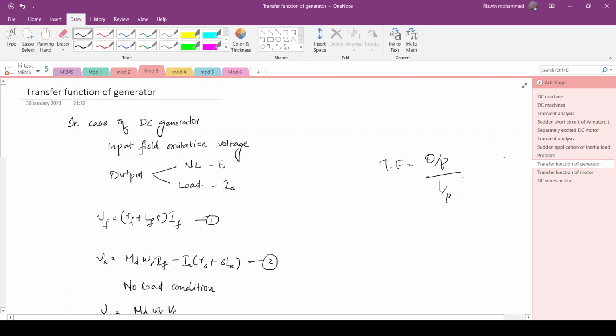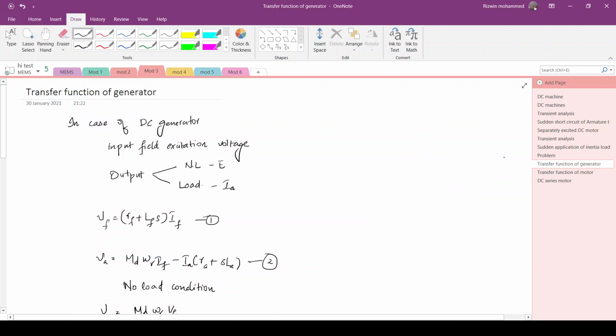So the input in a separately excited DC generator will naturally be the field excitation voltage Vf, and what will be the output? If it is in no load condition, the terminal voltage will be the output, or the armature current will be the output in the loaded case. So the ratio of this output divided by the input will be the transfer function of the system.